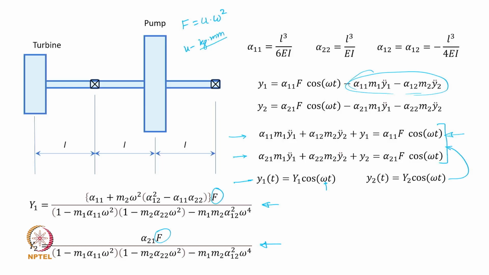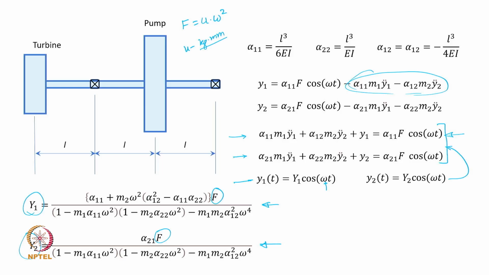You convert that into kg meter and then use the appropriate rotational speed omega to get the F value in newtons, and expectedly the amplitude with which the discs 1 and 2 will vibrate is dependent on the amount of unbalance in the discs.